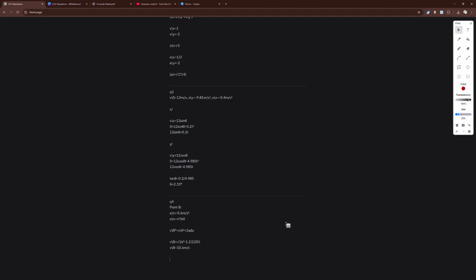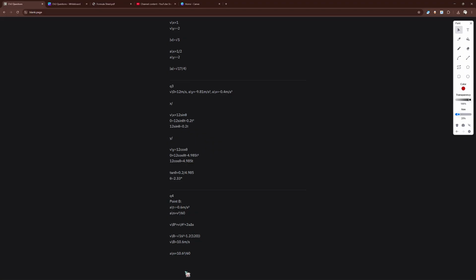And now we need to find the magnitude of the acceleration, which we do pretty easily. We take our AN equation, and we plug in our velocity. So 10.6 squared over 60 gives us an AN of 1.87 meters per second squared.